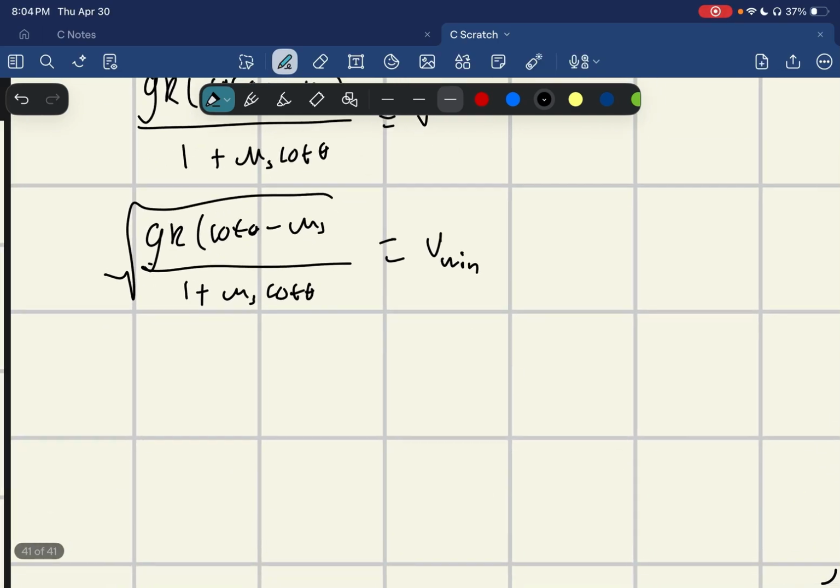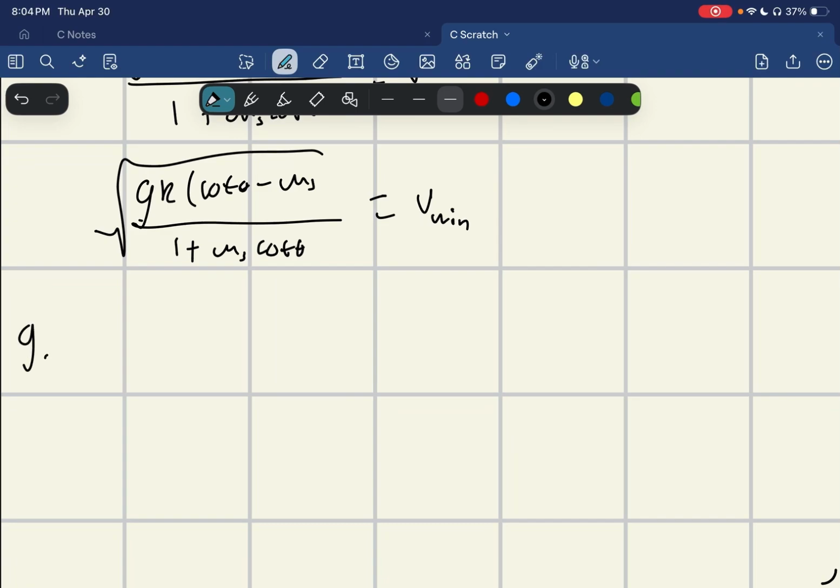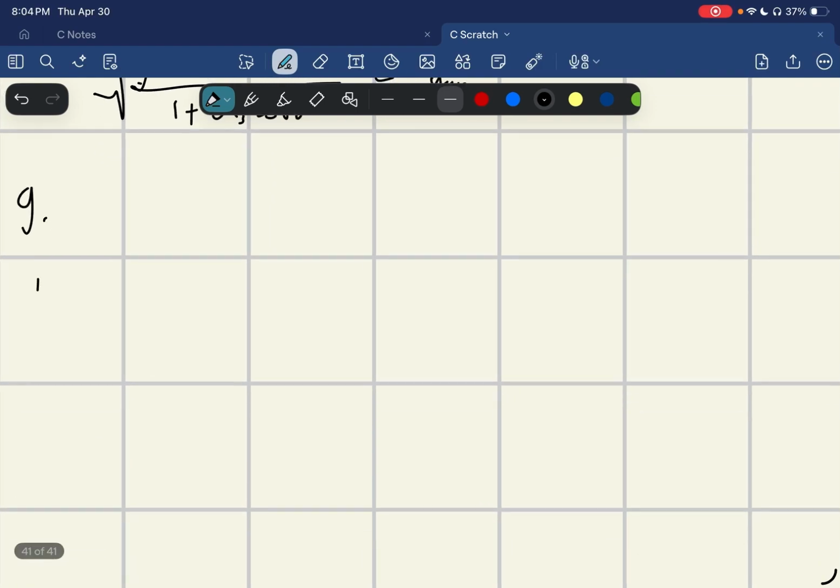Okay, part G asks us to prove that the net force of the function, Fnet, is equal to cotangent theta plus mu s all over 1 minus mu s cotangent theta times mg.